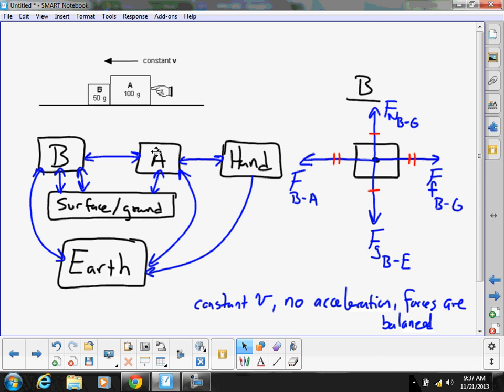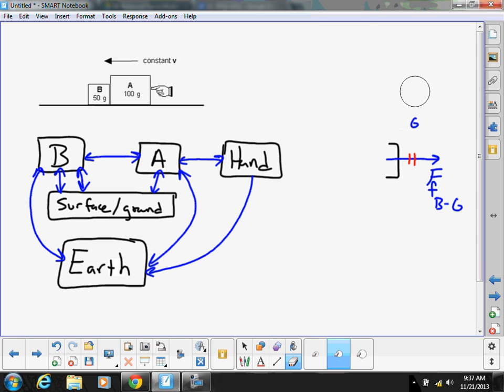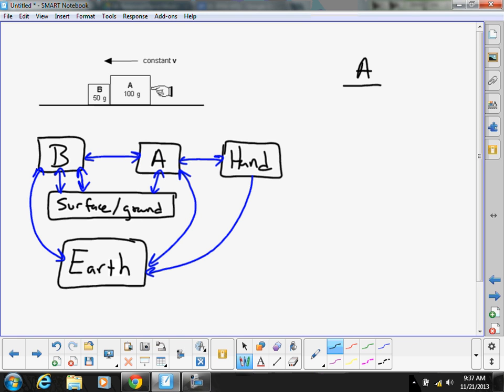So we would also do the force diagram for A, and we're going to do that quickly here, and then we'll be all done, and you'll have the rest of the time to work on your own. So I'm going to erase all this so I have room to work here. We can look at our interaction diagram. So block A. What do we have acting on it?